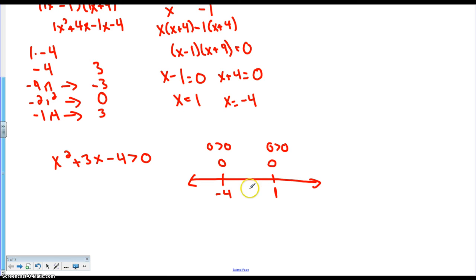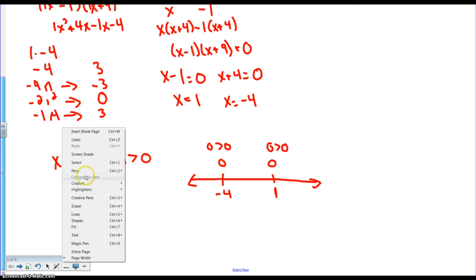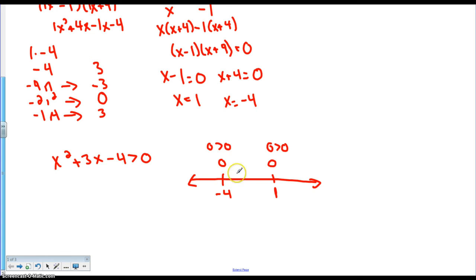So what I want to do is find values that make this inequality true. So I'm going to plug in values that are between -4 and 1, like 0. I'll choose a value that's larger than 1, like 2. And a value that's smaller than -4, which is -5. I'm going to plug these values into this equation.